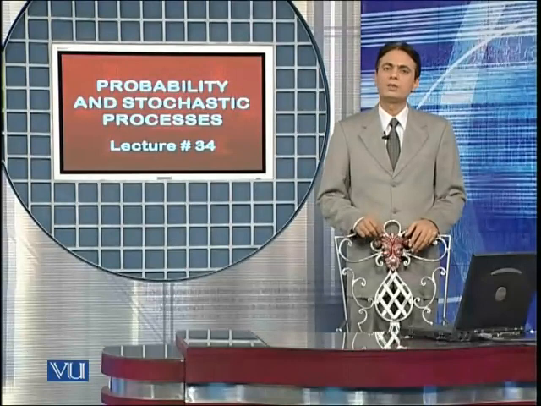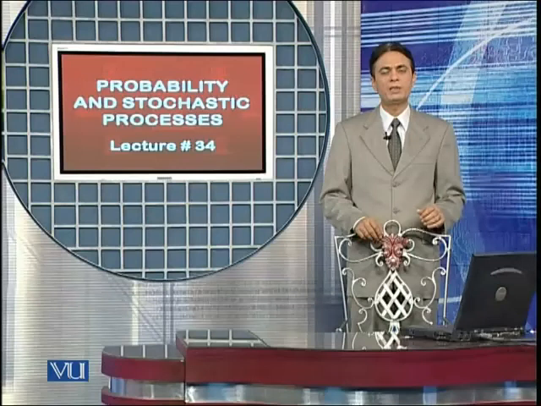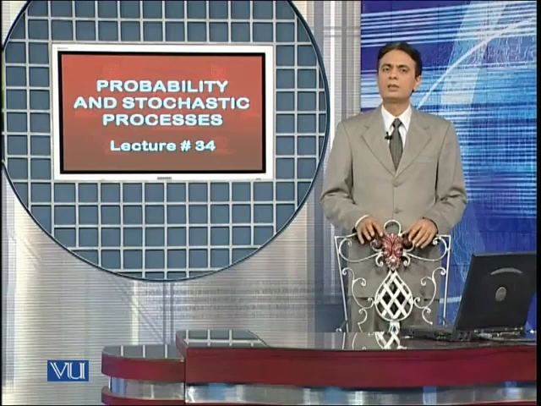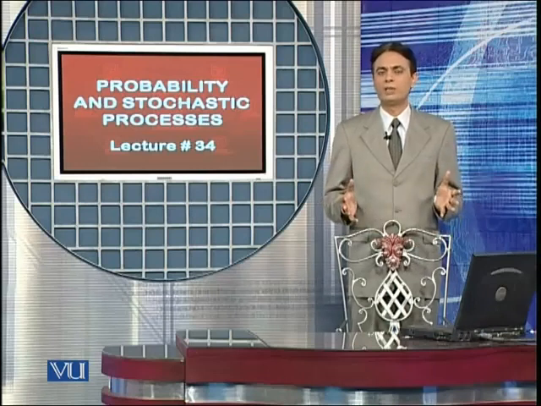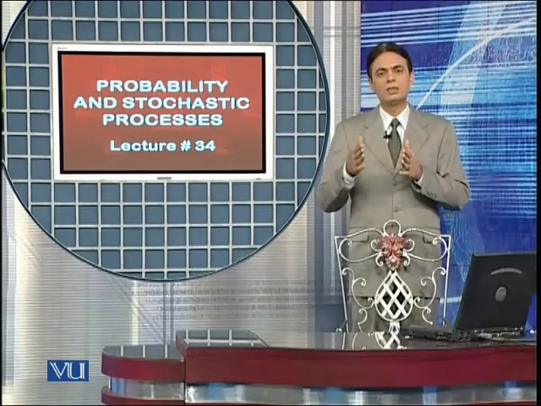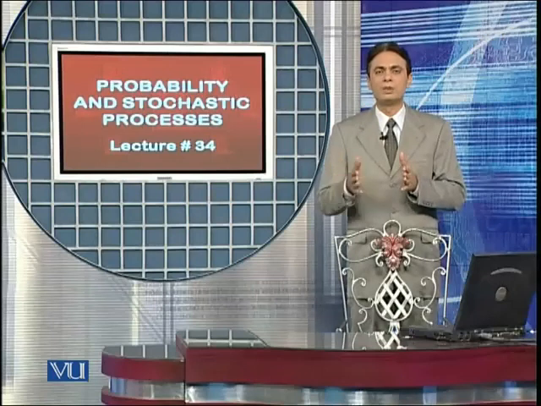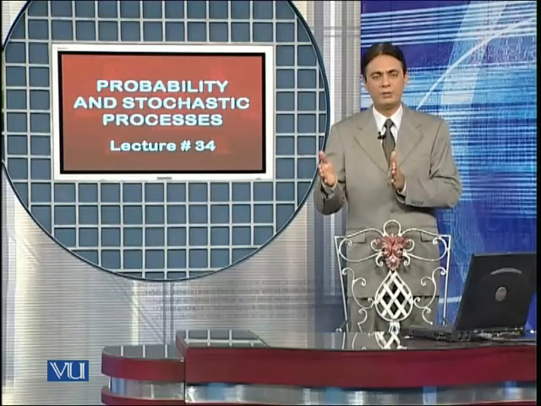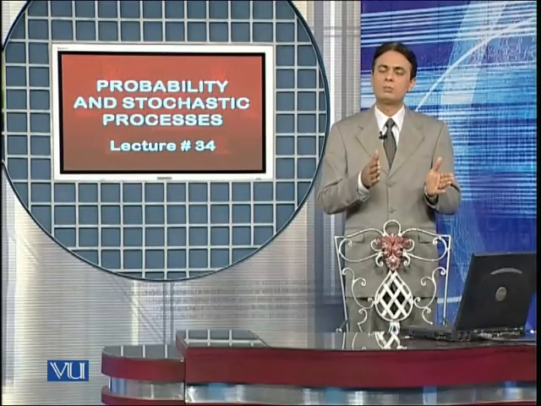In the last lecture we started our discussion of Markov chains, which are a special class of stochastic processes, a special class of discrete time or discrete parameter stochastic processes. In this class we have a collection of random variables with an associated precedence, with an associated sense of time. If there is a random variable, then the other random variables either happen after this random variable or before this random variable.